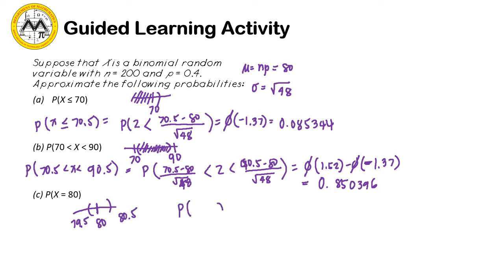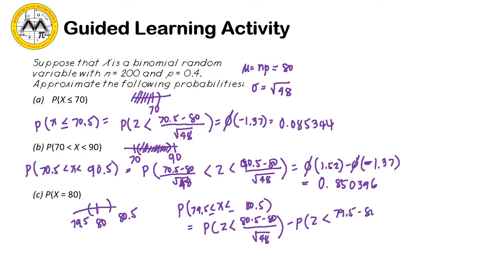So the probability that X is between 79.5 and 80.5 would be equal to the probability that Z is less than (80.5 minus 80) over the square root of 48, minus the probability of Z less than (79.5 minus 80) divided by the square root of 48.